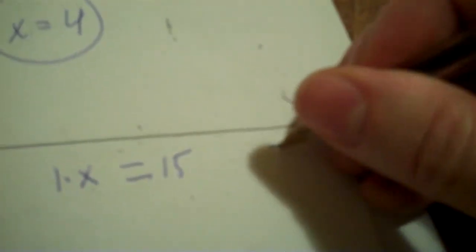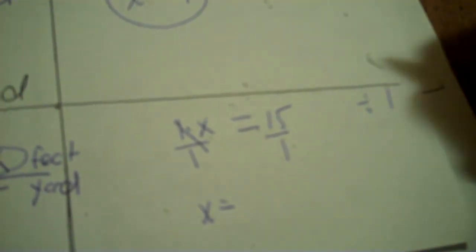Okay, so we take 1 times x, put the number before the letter because it looks better that way. That's how we're used to seeing it. And then 3 times 5, or 5 times 3. It's 15. Then I divide by 1. And 15 divided by 1 is 15. So 15 feet.